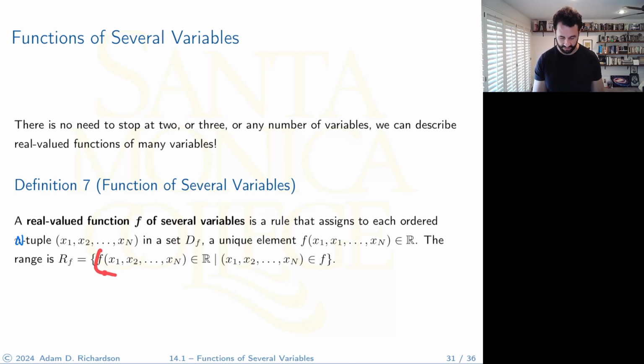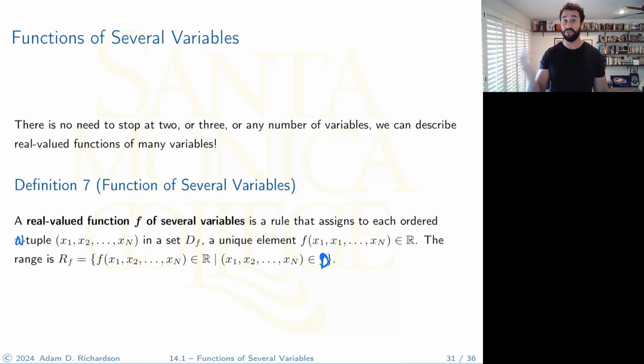The range is the set of all real number outputs as long as, oop, that's a typo right there. That should say D. As long as that point is in your domain D. That's it. So if you want to know the shortcut, everything we just talked about right now, pretend you could do it for any number of dimensions.